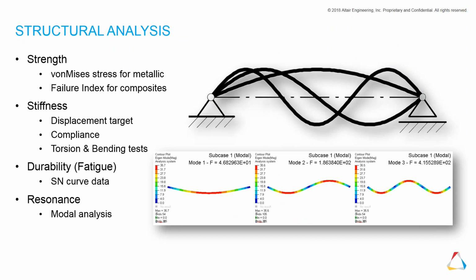We also need to consider resonance. This can be very important for fatigue. If you have a resonant frequency, it can increase or decrease the fatigue life significantly. But global resonance can also cause some issues for driver comfort and drivability. So it is also important to assess each part and the global performance for resonance.